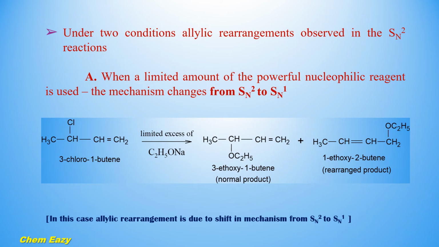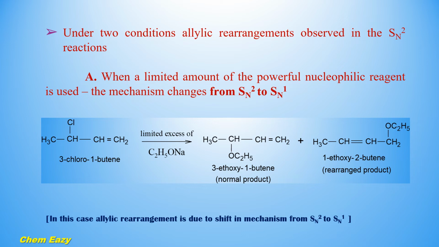But allylic rearrangements are observed in SN2 reactions under two different conditions. In the first case, whenever a limited amount of the powerful nucleophilic reagent is used, then it can produce a rearranged product. But here the mechanism involved is actually SN1, not SN2.